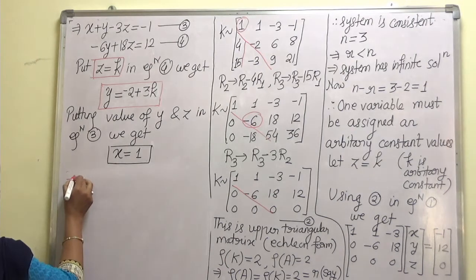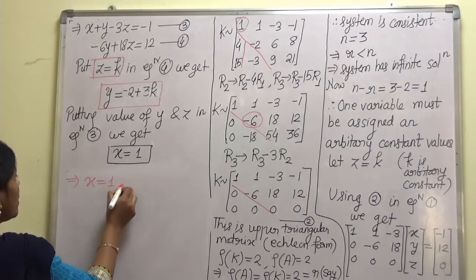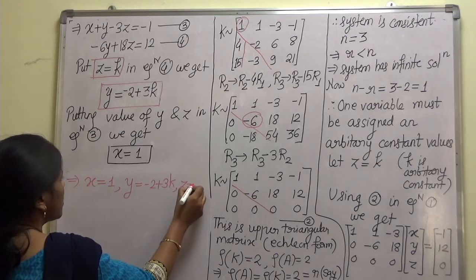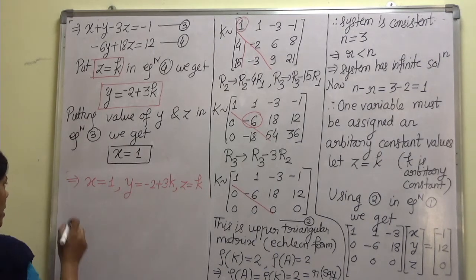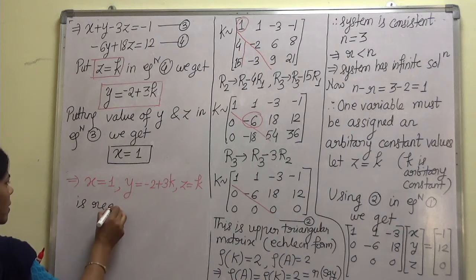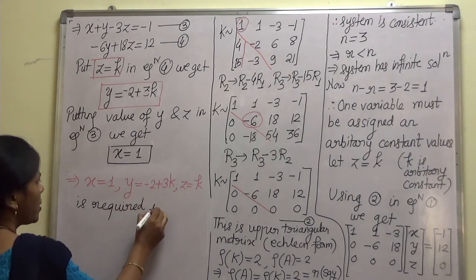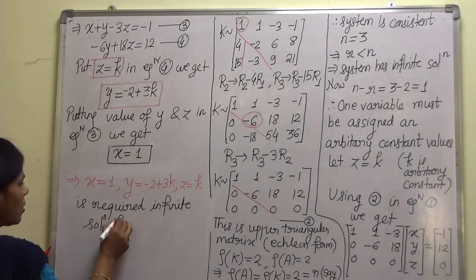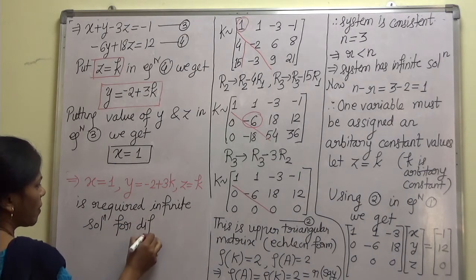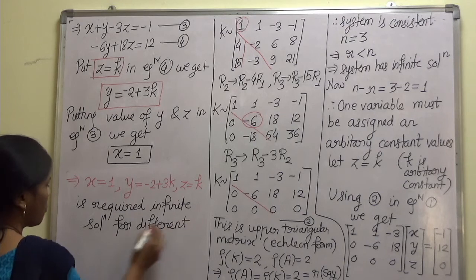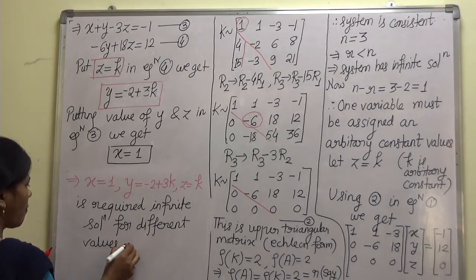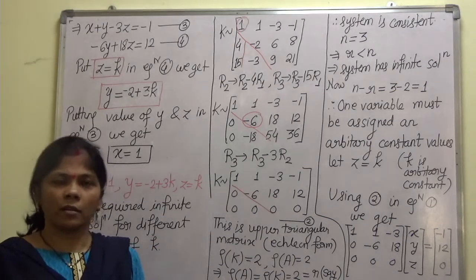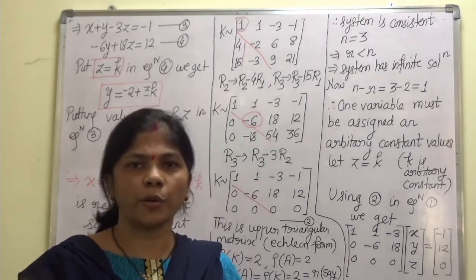This implies x is equal to 1, y is equal to minus 2 plus 3k, z is equal to k, is the required infinite solution for the different values of k.